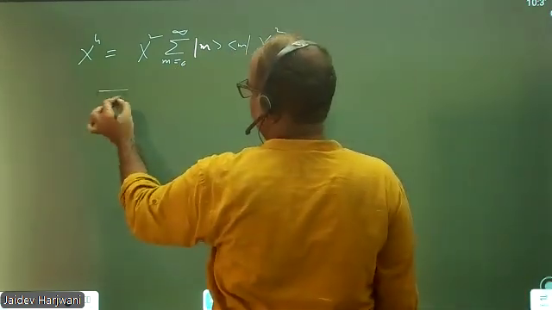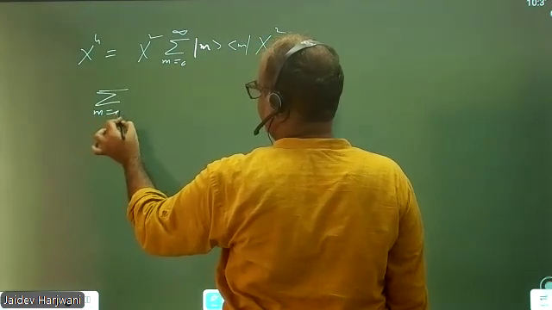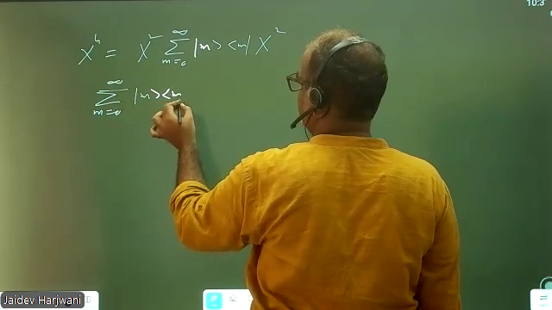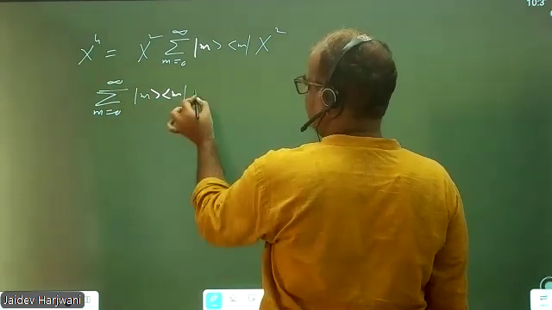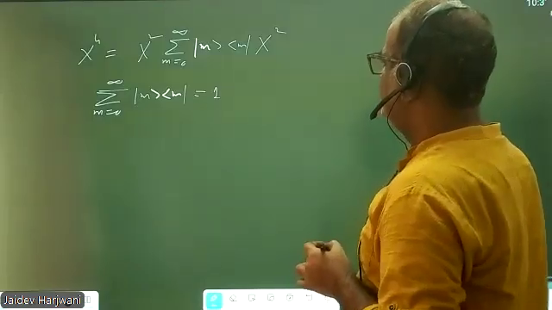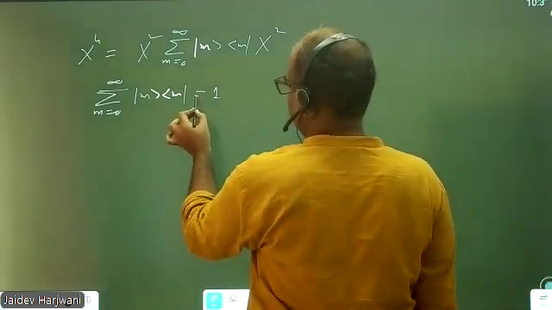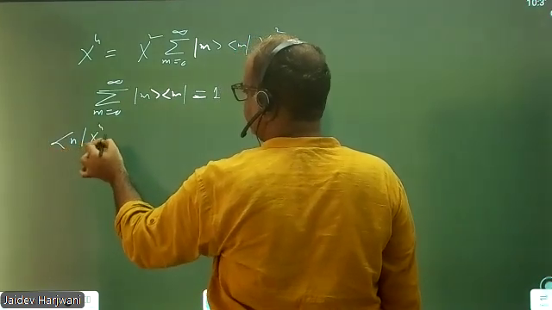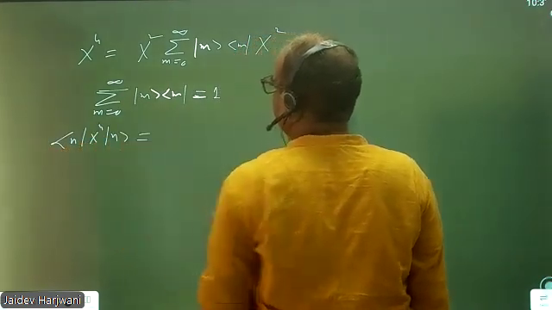We know the sum of projection operators is always equal to 1, so I can always multiply by 1. So this becomes this, and now if I calculate the expectation value of x⁴, what will it give me?